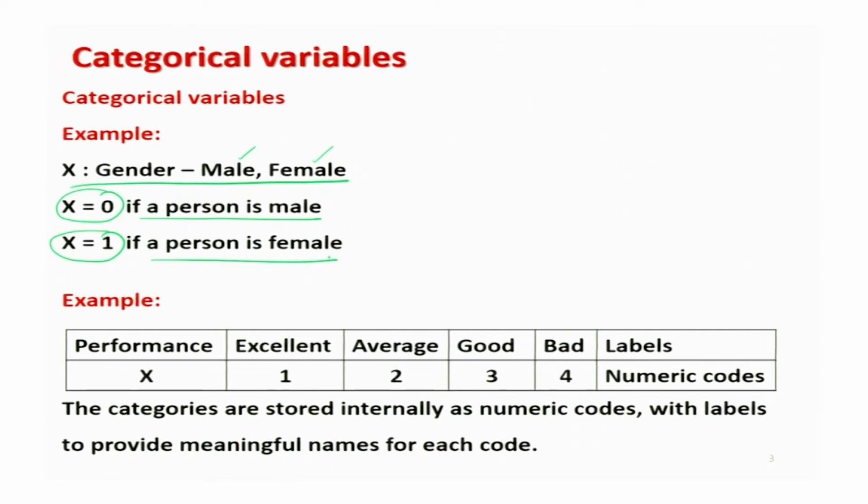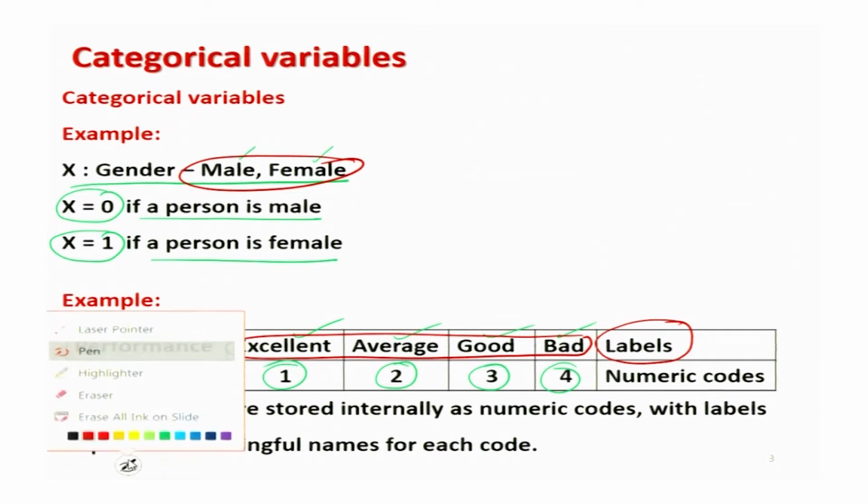And similarly, if there is some performance and that performance is excellent, average, good or bad, then we try to give it a value. If the performance is excellent, we give the number 1, if it is average, then we give the number 2, if it is good, then we give the number 3, and if it is bad, then we give the number 4. So now these values which we are writing as excellent, average, good, bad, or male or female, they are called labels.